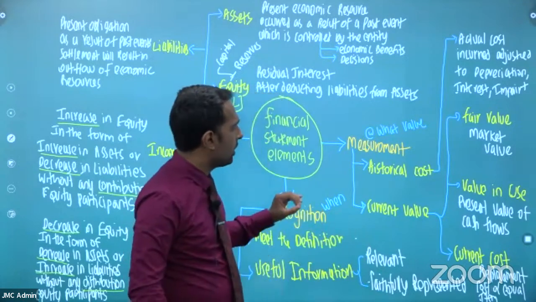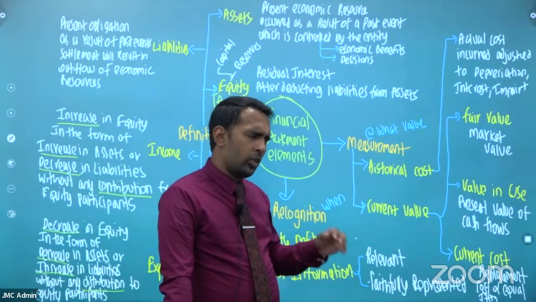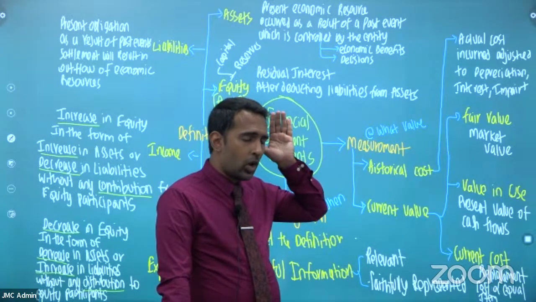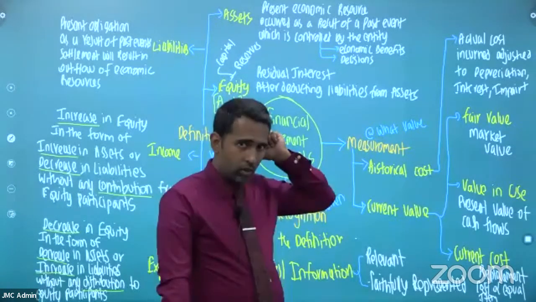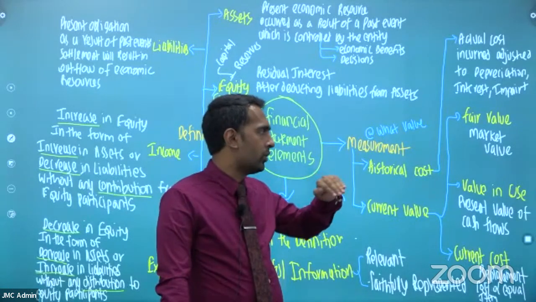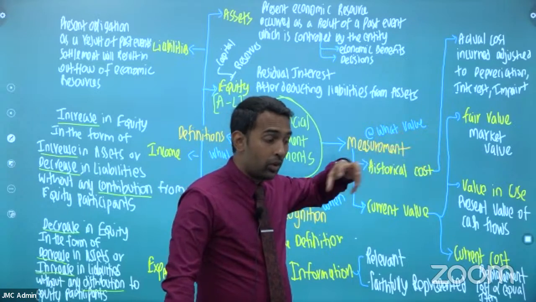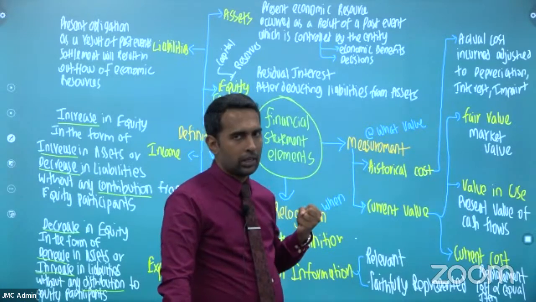Okay, that means when you are measuring a financial statement element, you can keep the historical cost incurred, subject to certain adjustments, or you can bring that to the current value, today's value. Either keep it at the past cost or today's value. Today's value means either the market value: if you are going to sell the asset, sell the item, what would you get?